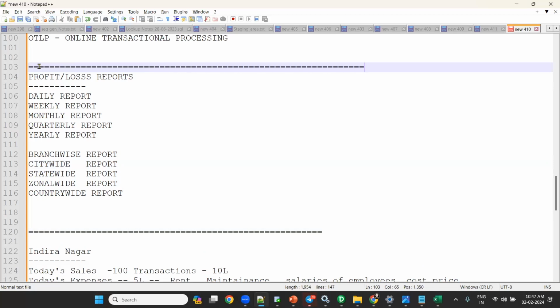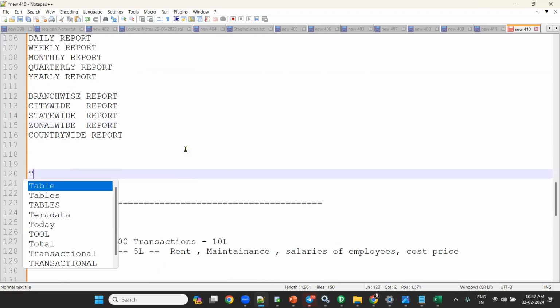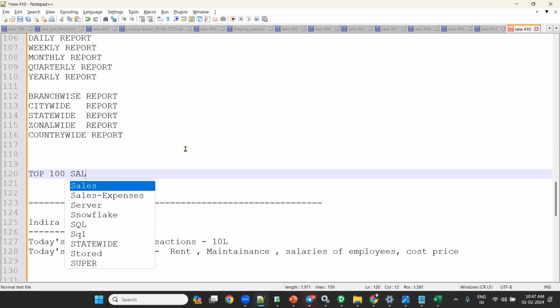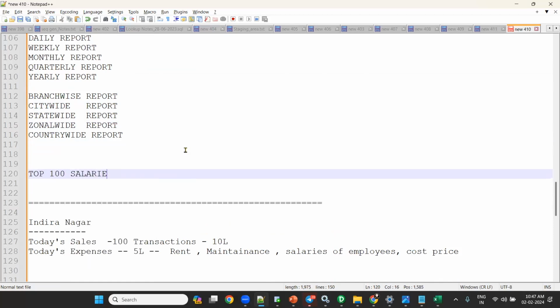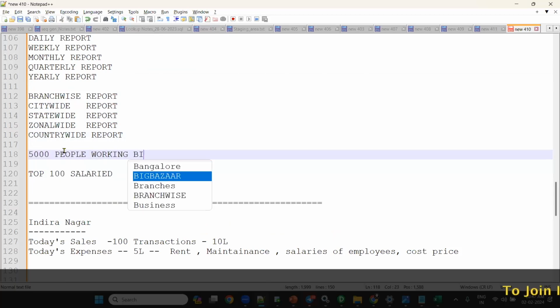Okay. Suppose I got the countrywide report. I want to see the top 100 salaried people. Throughout India, they took the employee report, and I got almost 5,000 people working in Big Bazaar, correct?